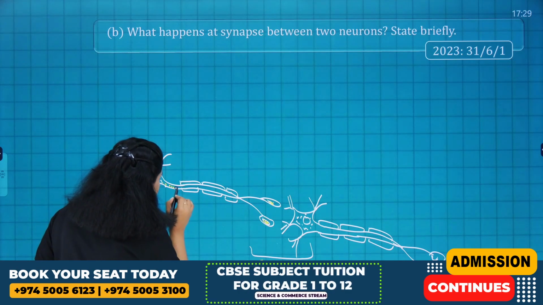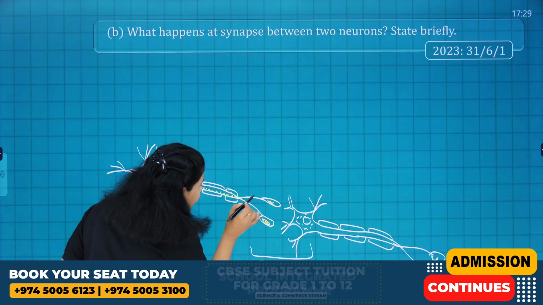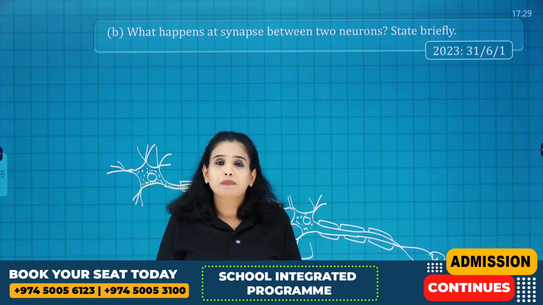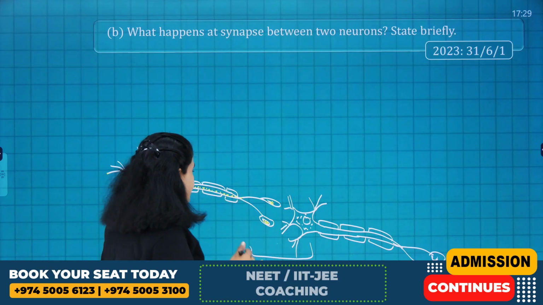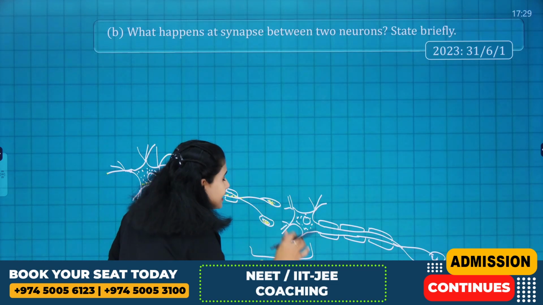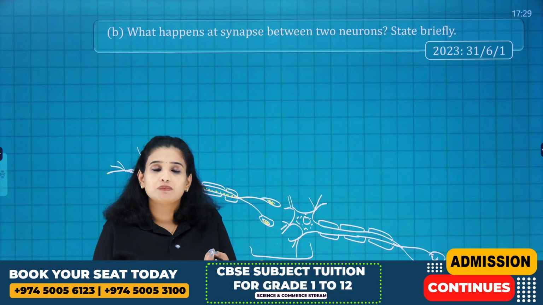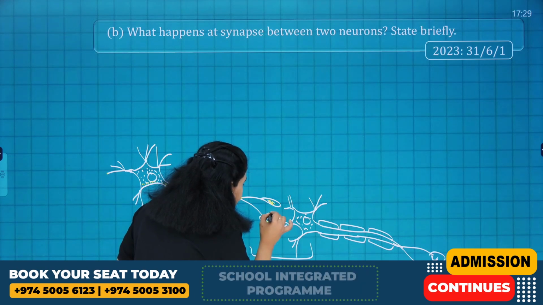Electric impulses travel till synaptic knob. The electrical impulses travel through this axon, and finally when it reaches the synaptic knob, the synaptic vesicle will break and the chemical will release.